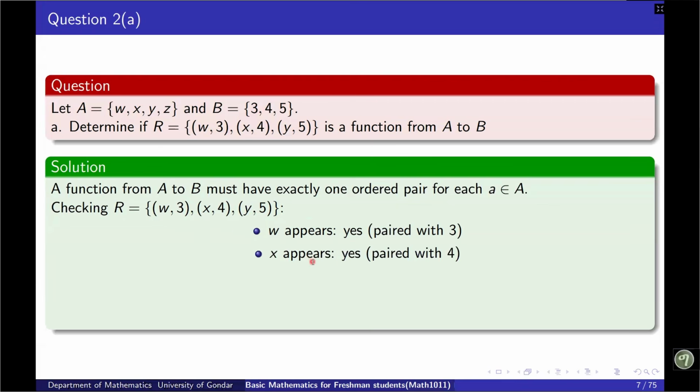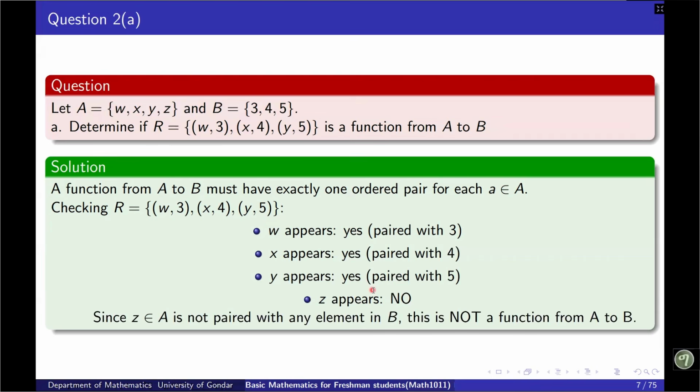X also appears and is already paired with 4. Y also appears and is paired with 5, but Z doesn't appear here. That means Z doesn't have any image within this relation R. Therefore, the domain of this relation cannot be set A. Therefore, the relation R is not a function from A into B.